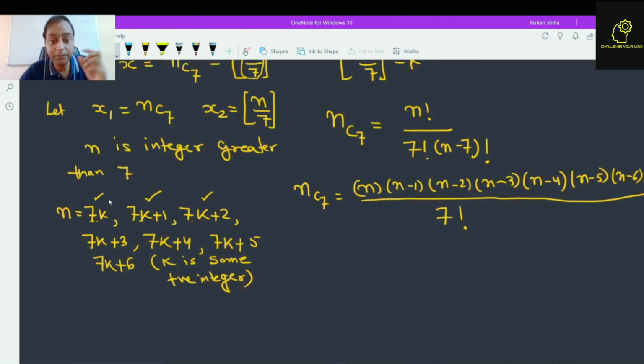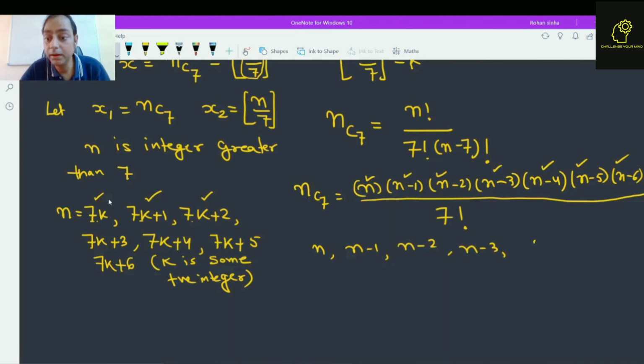Now, what do we find here? Here n, n minus 1, n minus 2, n minus 3, n minus 4, 5 and 6 are 7 consecutive integers.